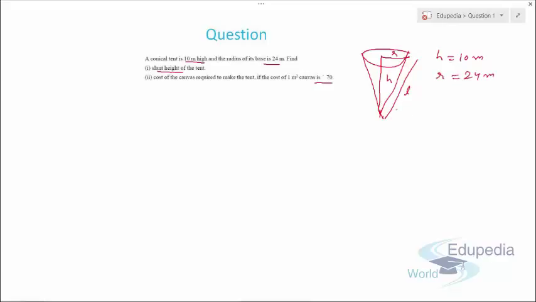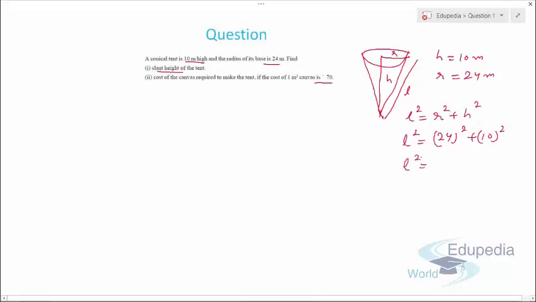Now first of all, we need to find a slant height. So slant height we can find using Pythagoras theorem. So L square can be written as r square plus h square. So L square is, r square is 24 square plus 10 square. So L square is, now 24 square is 576, plus 10 square is 100.